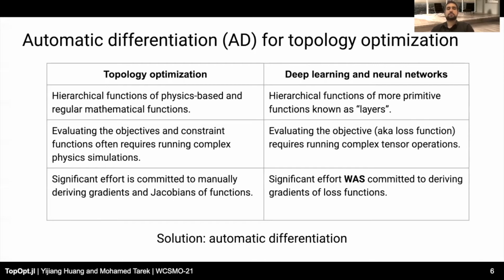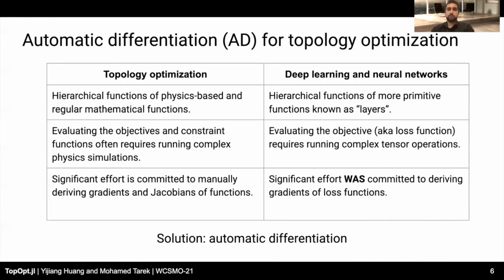And so you have hierarchical functions, functions of hierarchical nature. And in deep learning, we also have functions of hierarchical nature, where each primitive function is known as a layer. And the layer often involves running some complex tensor operations, where different types of layers run different types of tensor operations. In topology optimization, different functions run different types of physics simulations, or sometimes just basic arithmetic, like linear algebra or even tensor operations.